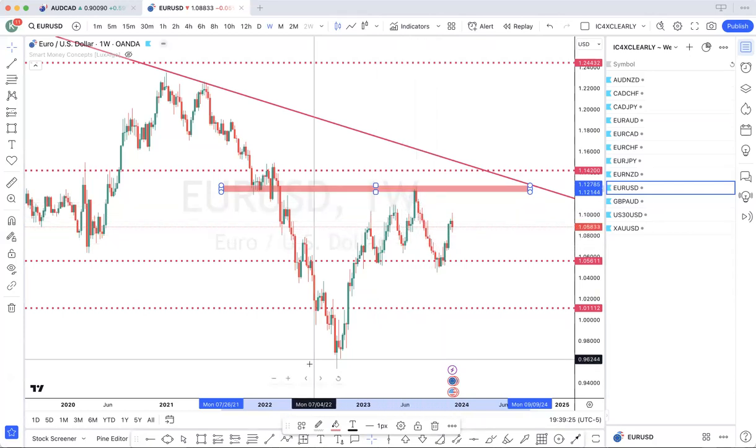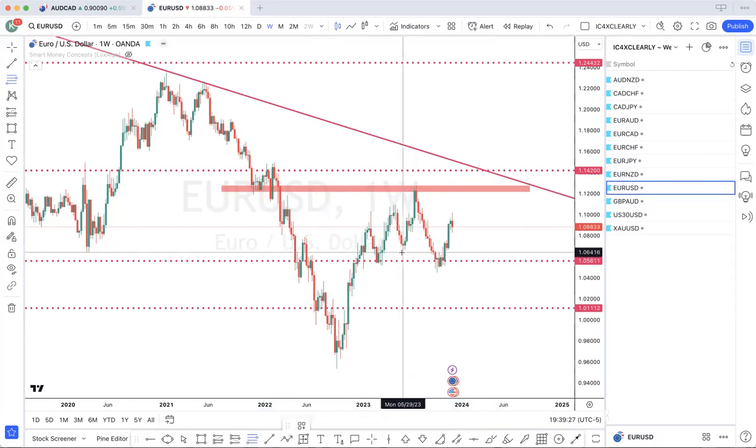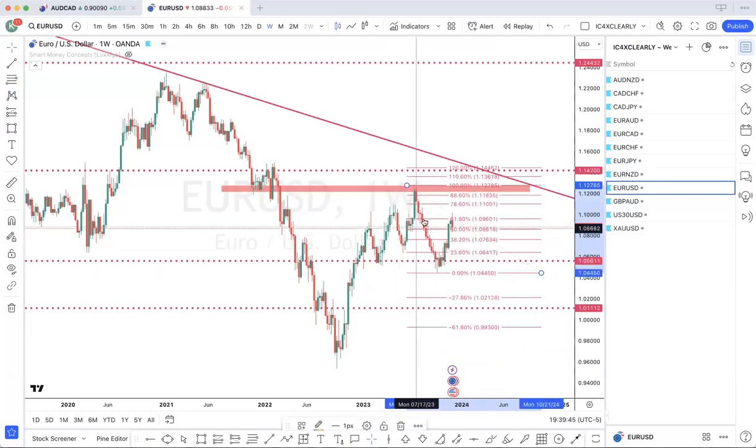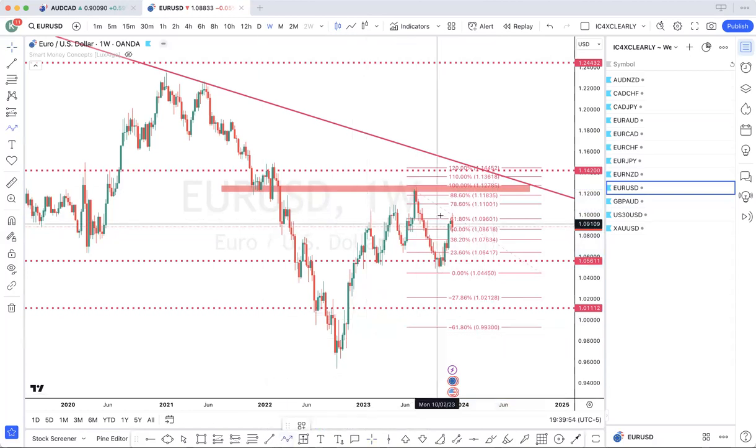So if this is indicative of this breaking structure, this change of character, right? Price pushed up and then changed character right here, okay? So this could be a pullback to the 78.8, which is the key level, to either continue selling down.